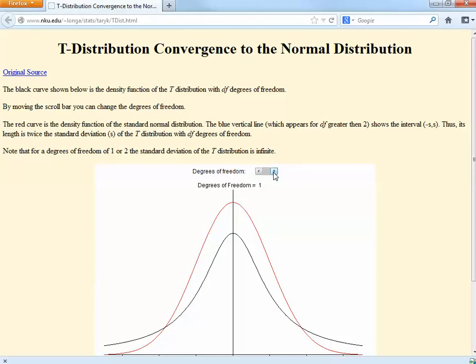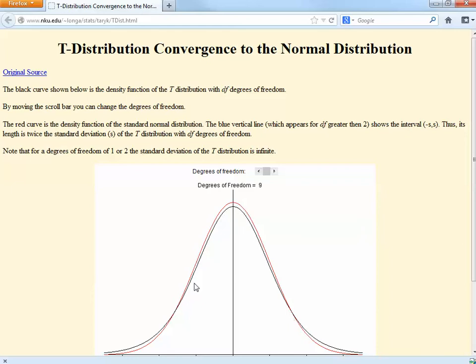So as we increase the degrees of freedom, you can see that the blue line, or the t distribution, approaches the z distribution. In fact, when our sample size is relatively small, so here's a sample size of 10, 10 minus 1 equals 9, the t distribution is really quite close.